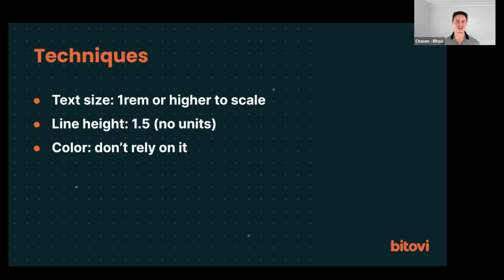Color, don't rely on it. Use color. Color's great. I think we need more color in the world, says the man in a mostly white room. But don't rely on it.